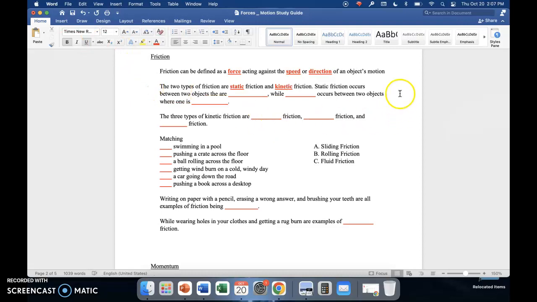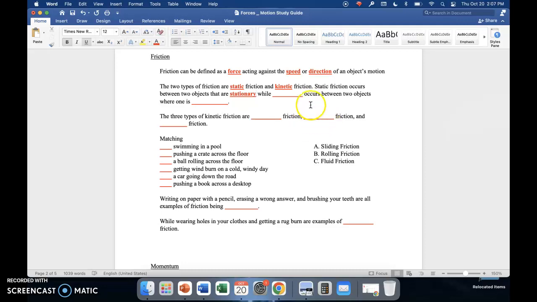Now, static friction occurs when two objects are stationary. An example of two objects being stationary would be your laptop sitting on top of your desk right now. Neither object is moving. There is static friction between those two objects.